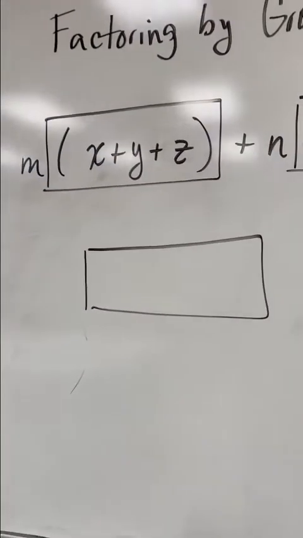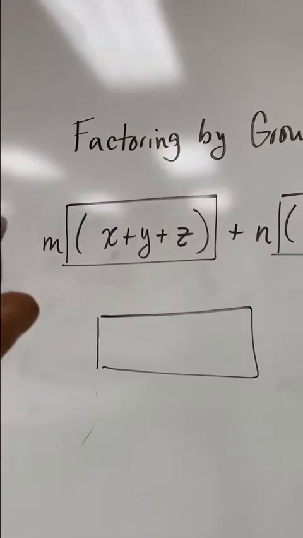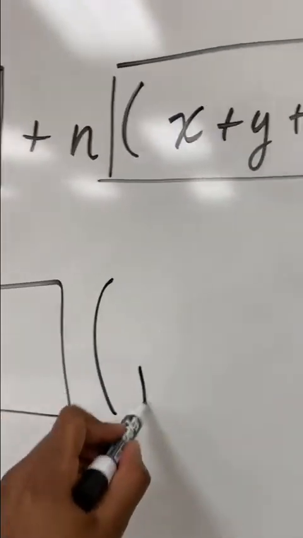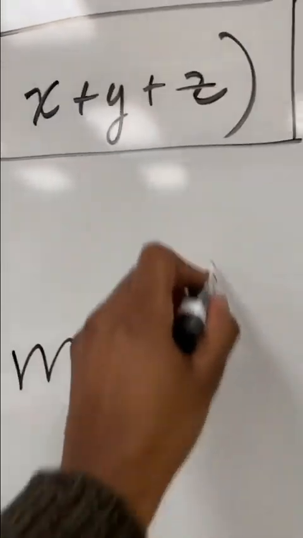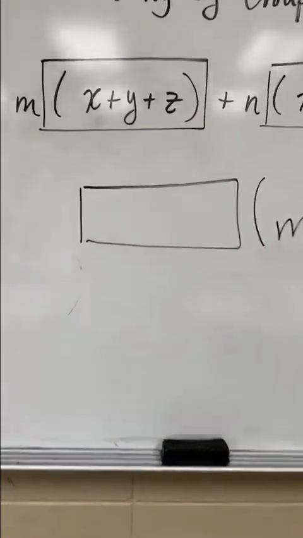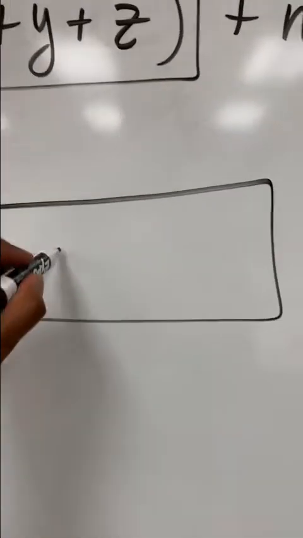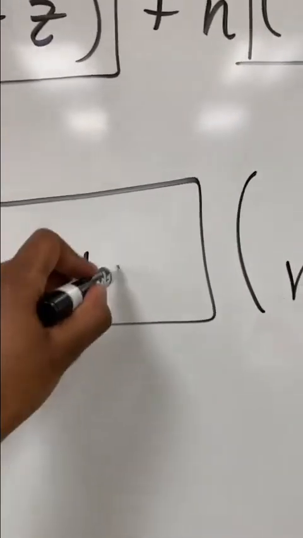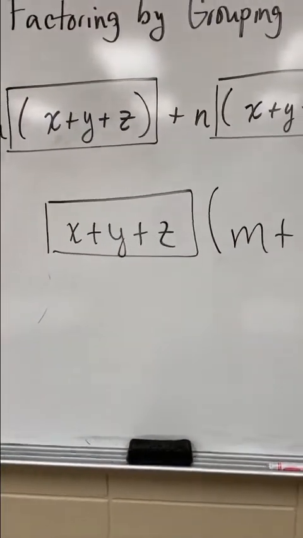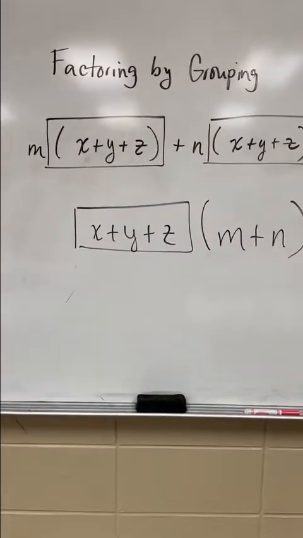And remember, your box is the one that gets written one time. And the M plus N gets written in its own little group now. So all I have to put inside of the box is x plus y plus z. And there it is.